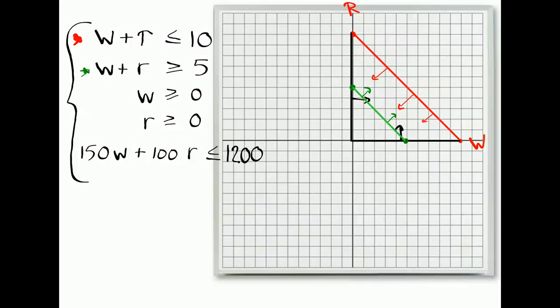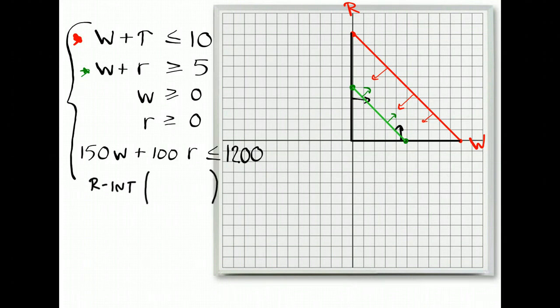All right. Now my last one has to do with the cost, and this is another great one for using the intercepts to graph. So if I take a look at the intercepts here, the R-intercept is going to have a W value of 0.